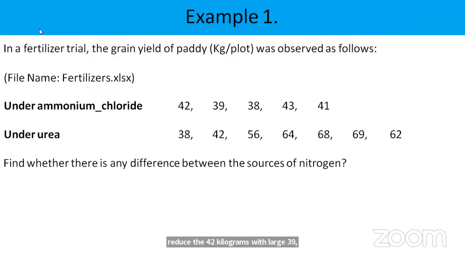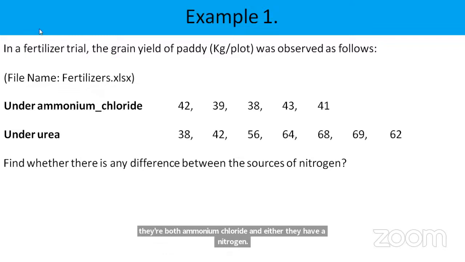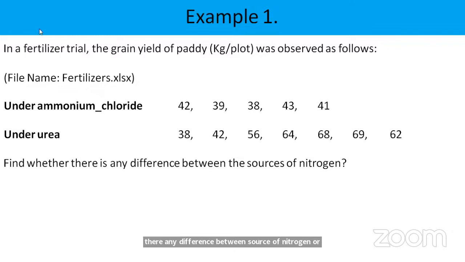Under urea, the paddy gives the yield as 38, 42, 56, 64, 68, 69, 62 kilograms per plot. The question is to find whether there is any difference between the source of nitrogen. Both ammonium chloride and urea have nitrogen, so is there any difference between the source of nitrogen in the yield of paddy?